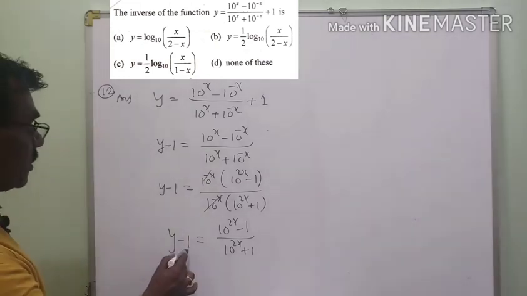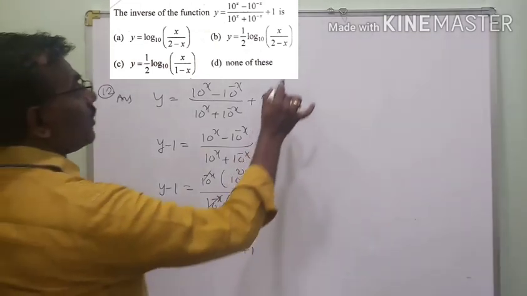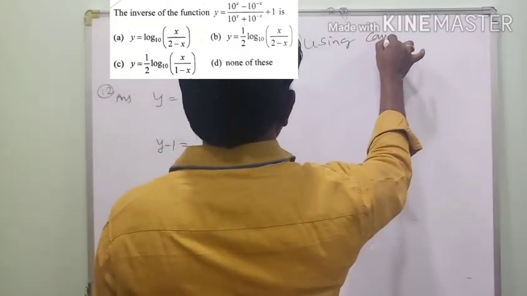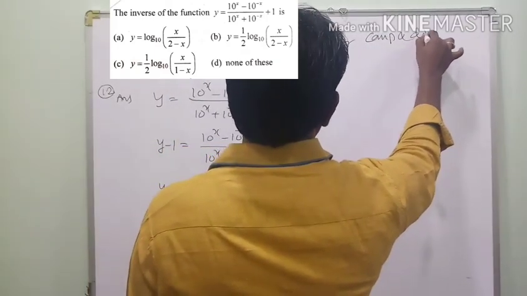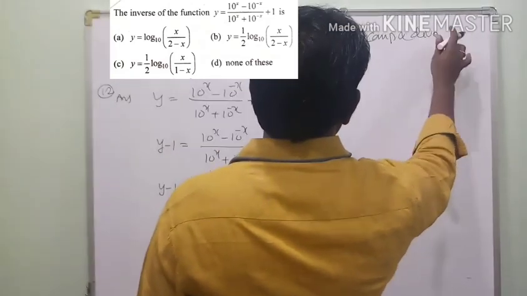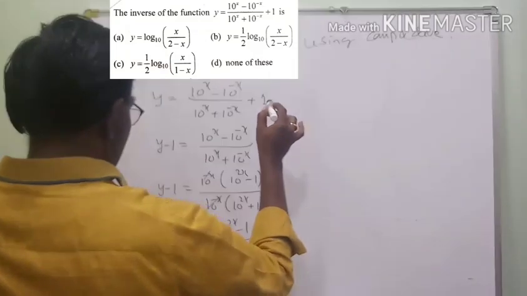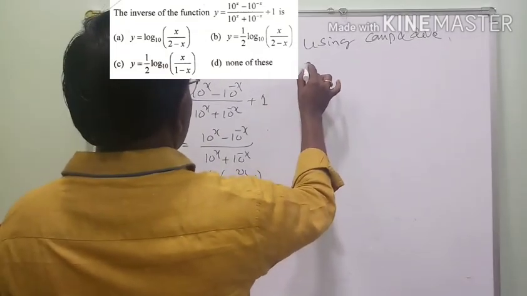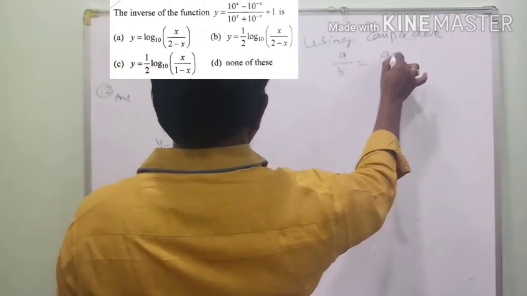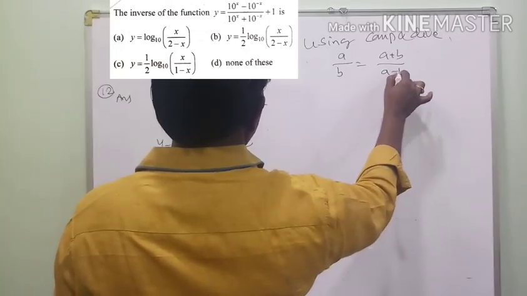Now use componendo and dividendo. Suppose a by b equal to c by d; then a plus b by a minus b.